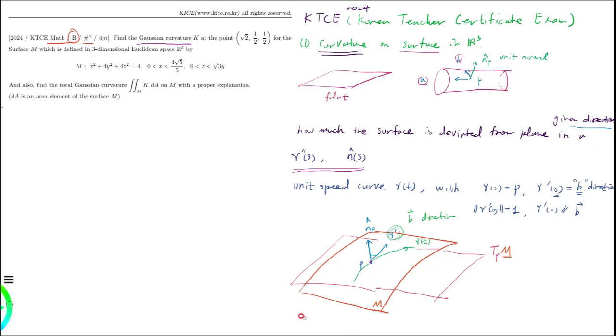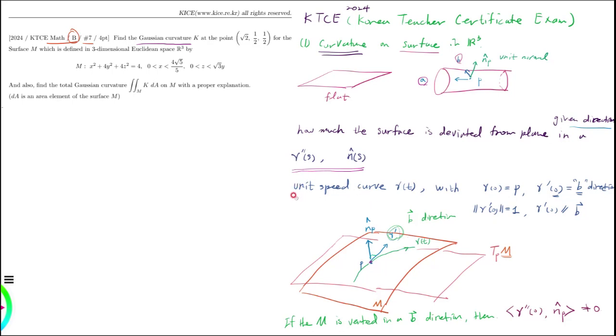That means if the surface M is bent in the B direction, then the change of the tangent vector, its second derivative, which is the second derivative of this unit speed curve, and the inner product with its unit normal vector will not be 0 if it is bent.